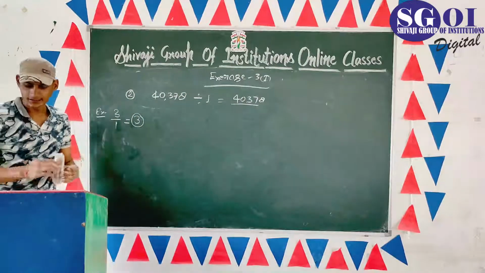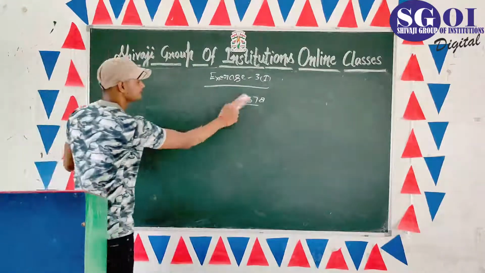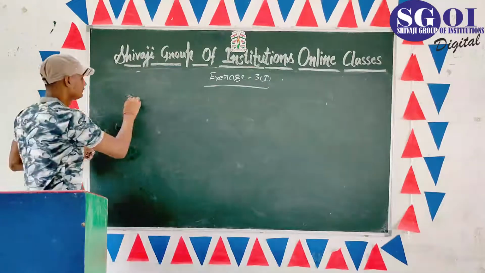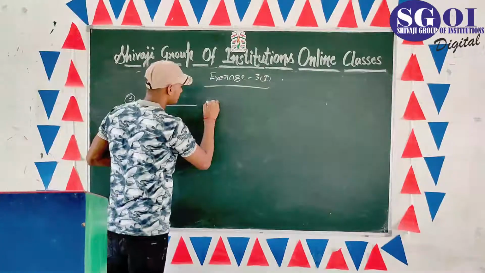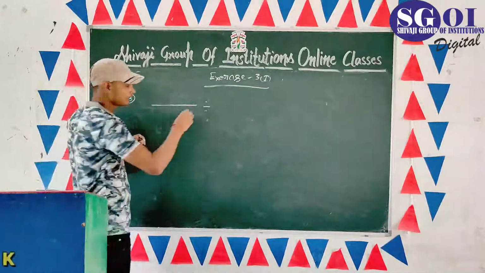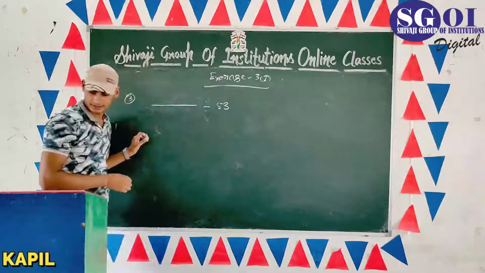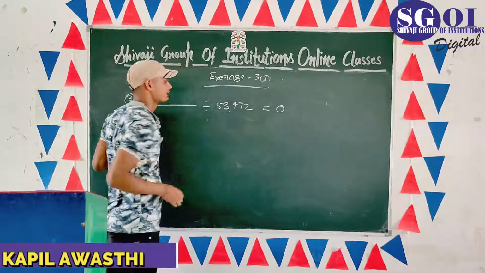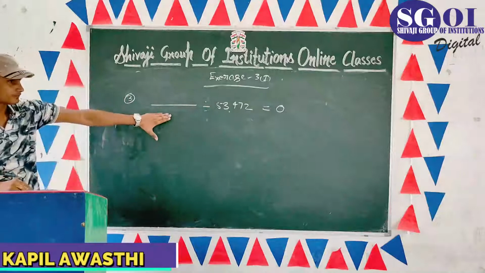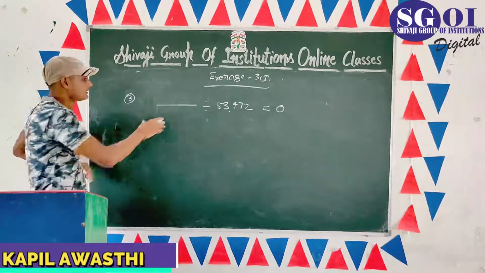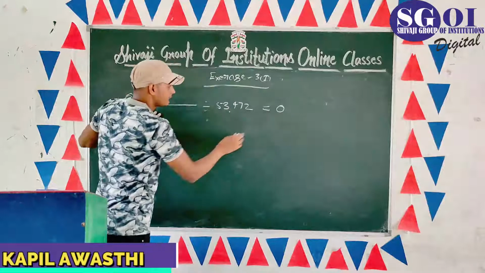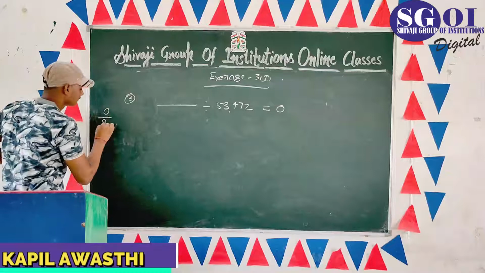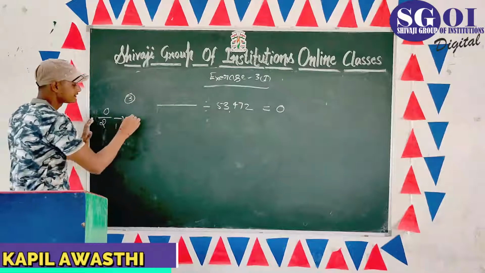Question number 3 is 0 divided by 53,472 and the answer is 0.